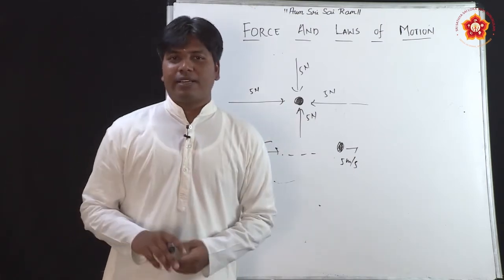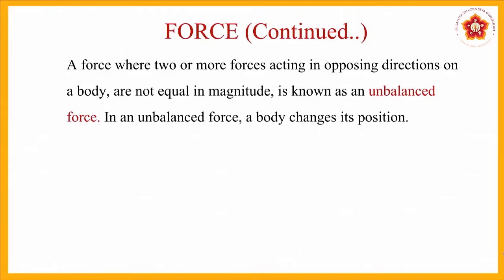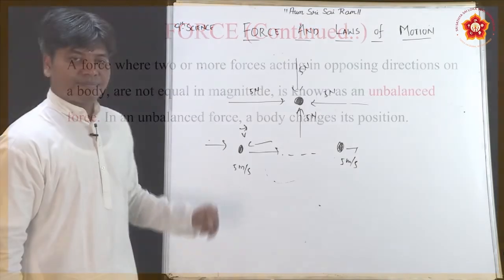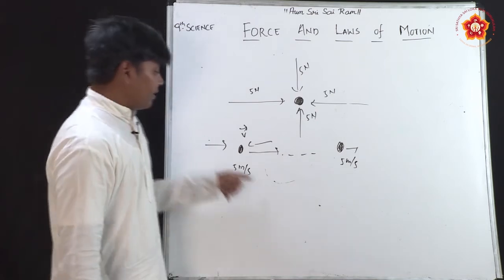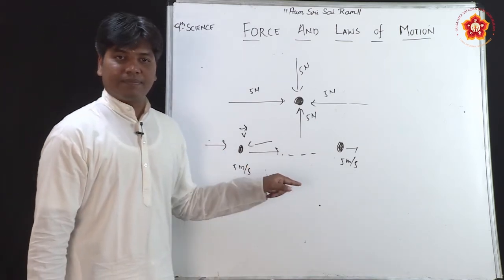Now this is the first kind of force. It is easy to guess the second kind of force, which is called unbalanced force. What is unbalanced force? A force where two or more forces acting in opposing directions on a body are not equal in magnitude is known as unbalanced force. In the balanced case the body changes its position, but the velocity stays the same.